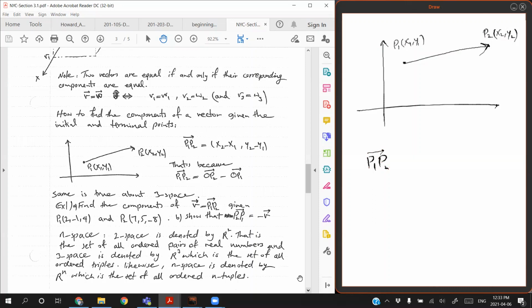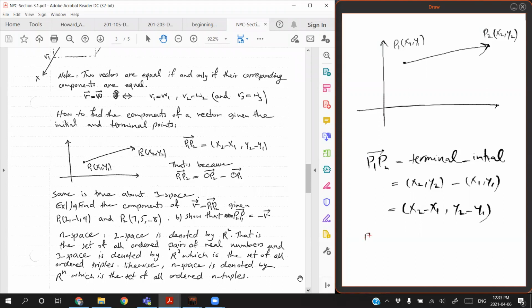What we need to do is terminal minus initial. The terminal is (x2, y2), minus the initial, (x1, y1). It's going to give me (x2 minus x1, y2 minus y1), and that would be the components of the vector.